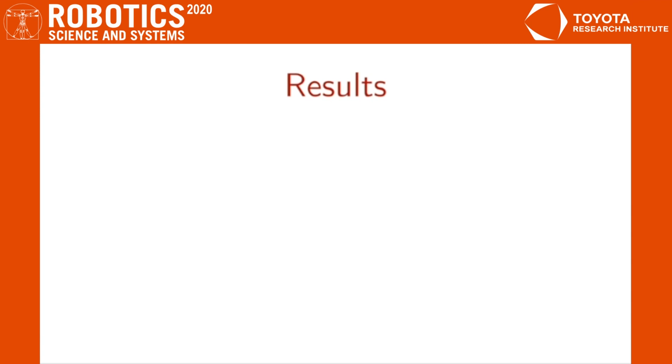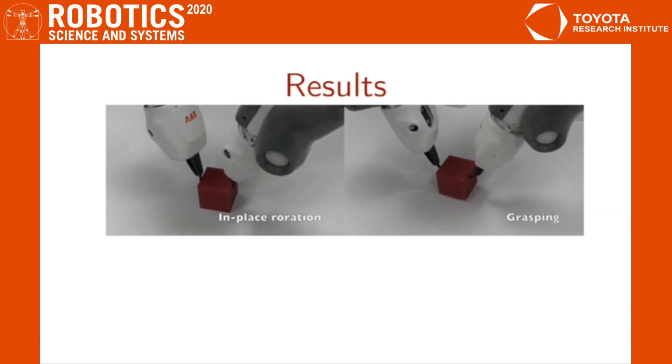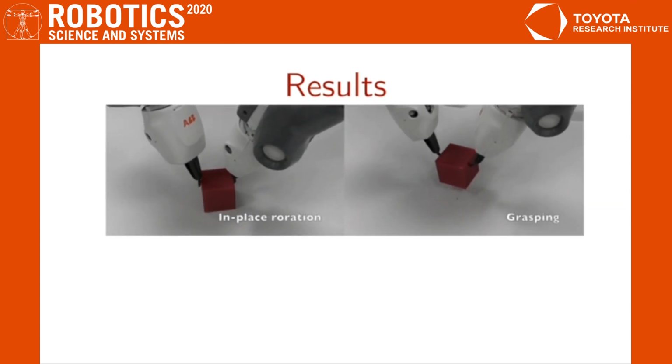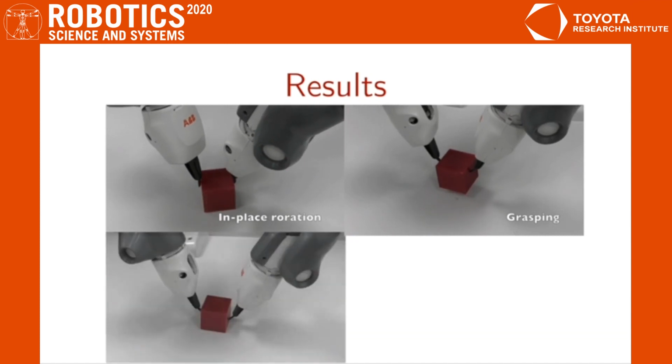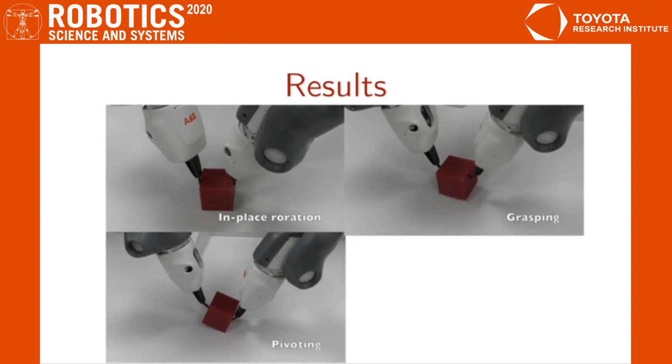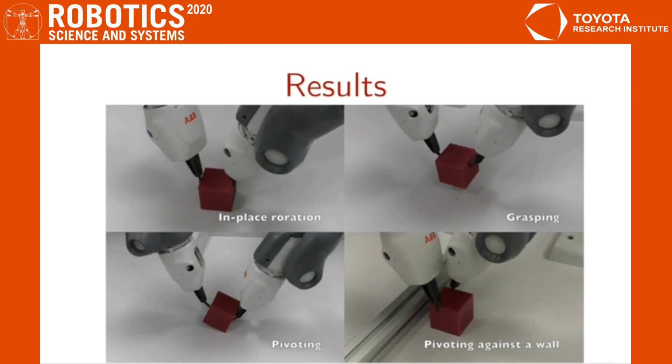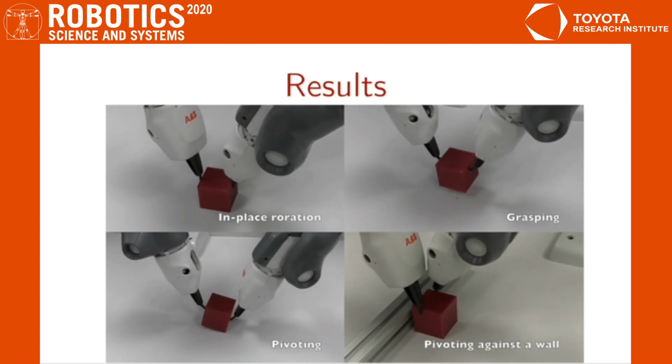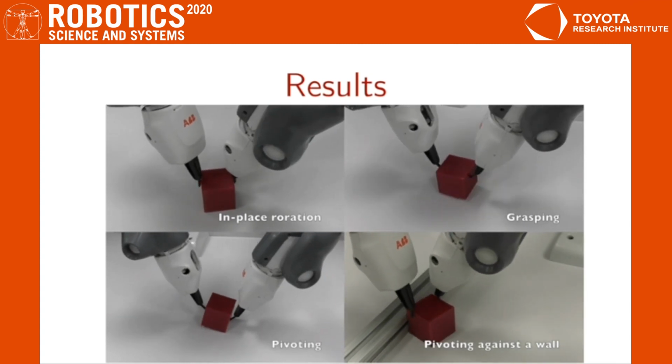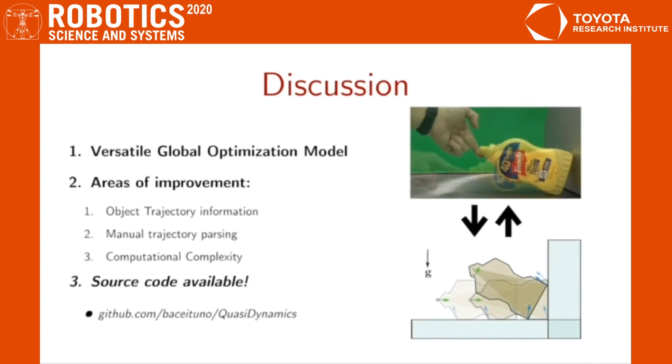Moreover, we show how the results generated by this method also translate to real-world settings, including both simple primitives such as rotation and grasping, and more dynamic ones such as pivoting. Finally, we also show how we can generate long-horizon complex interactions, such as pushing a block and rotating it against a wall. In conclusion, we have presented a global model for contact trajectory optimization.